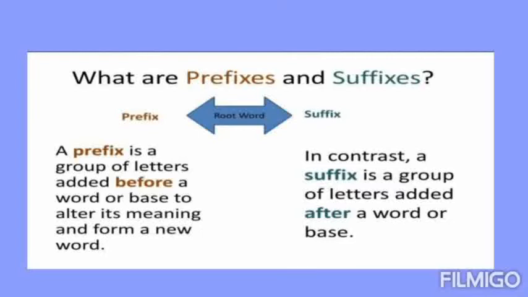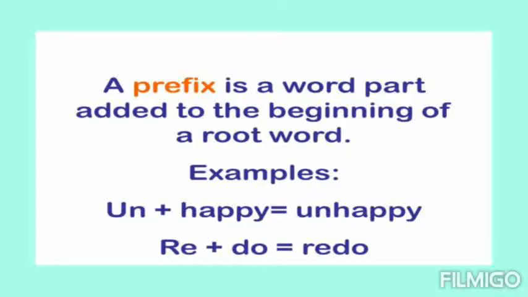So a prefix is added at the beginning of a word to form a new word, while a suffix is almost like a contrast or opposite. It's a group of letters added after a word or a base to form a new word. So a suffix comes at the end of a word, while a prefix comes at the beginning of a word. I hope you got that.